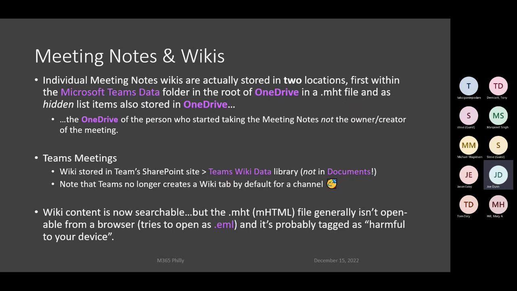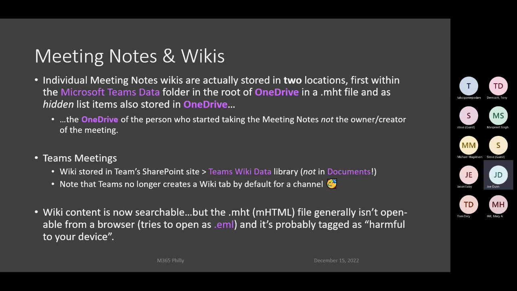You wouldn't even be able to find it. Now it does. However, it's hard to open in a format that you can copy it out of, right? It tries to open an MHT file. Teams tries to open an MHT file. Microsoft 365, sorry, tries to open a .mht, MHTML file in email. Yikes. So just keep in mind that wikis are difficult.